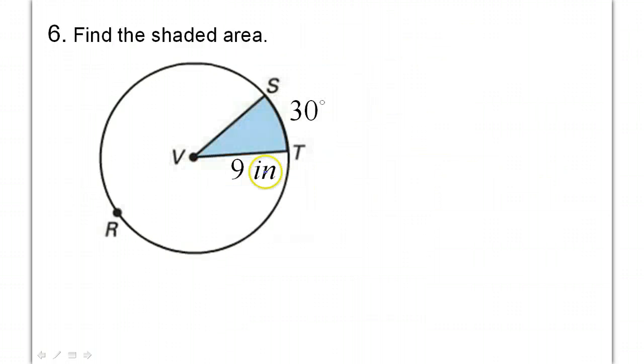Okay, one more problem. Again, we have this shaded area. We're supposed to find the area of the sector. So again, as soon as I see that it's a sector, I'm thinking part over whole equals part over whole. I've got the degrees, so let's go. 30 over 360.